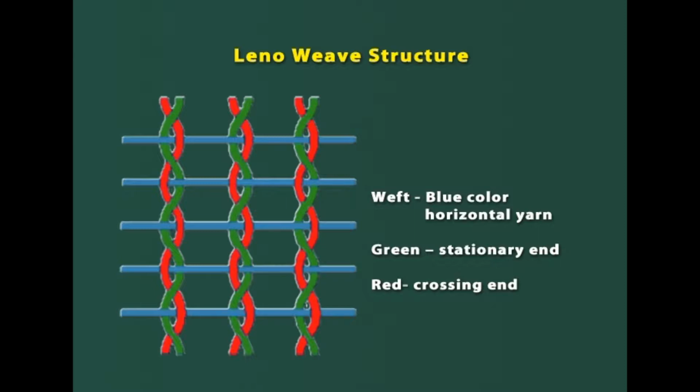If you take a closer look at the picture, you can see that both these vertical end yarns, the warp yarns, are crossing over each other and they form a figure 8 pattern. So, when they are crossing over each other, the filling that goes inside these two warp yarns gets locked firmly, and that is precisely the reason why you do not see any yarn slippage in Leno weave fabrics.